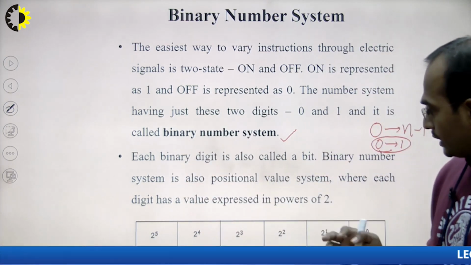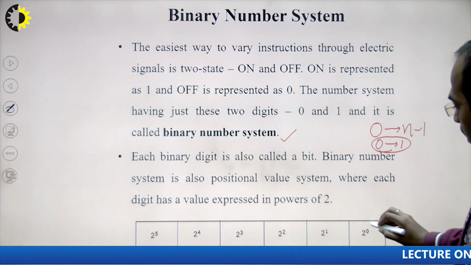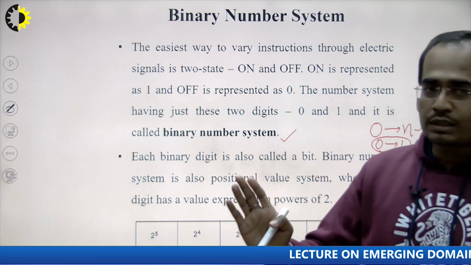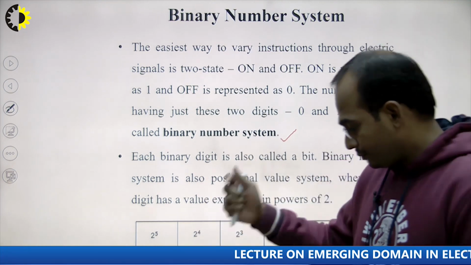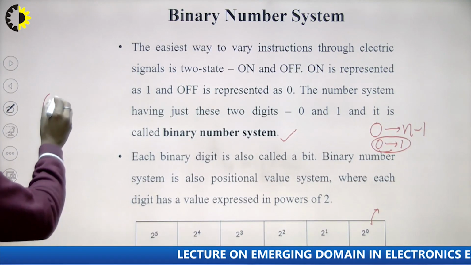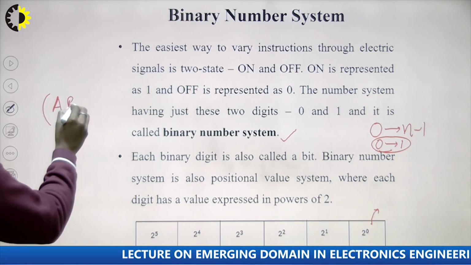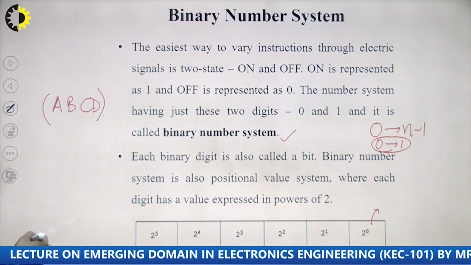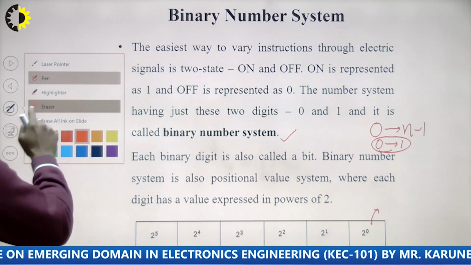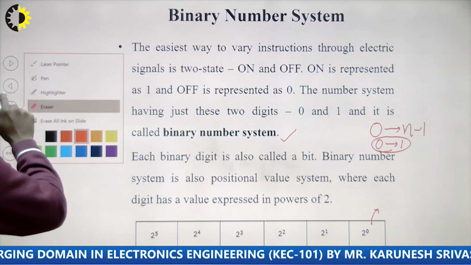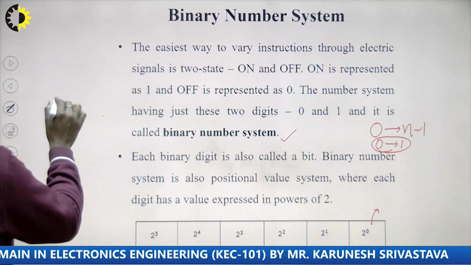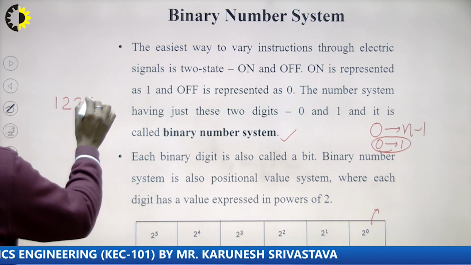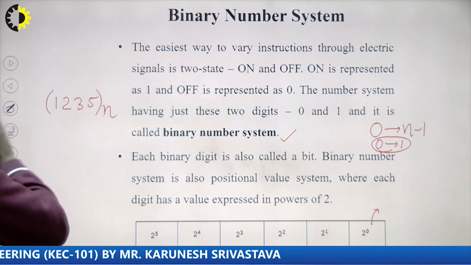As I have discussed in the decimal number system, the weight of the position will be the same. If I am using the base n number system, let us take an example. I am not taking A, B, C, D because it will give confusion. So, I am taking 1, 2, 3, 5 at base n.